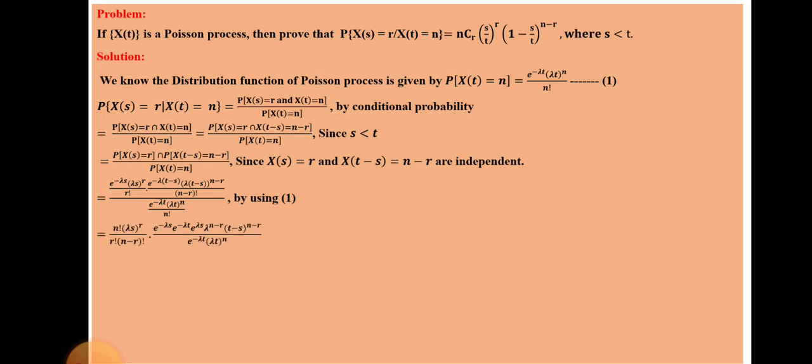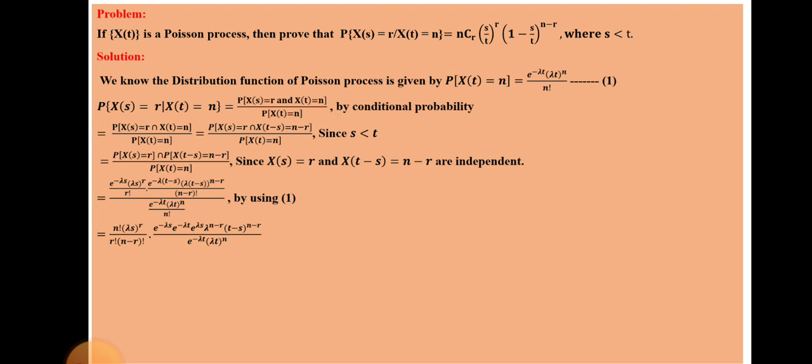Grouping this, taking the denominator in reverse, we will get n factorial divided by e^(−λt) (λt)^n. In the numerator, the denominators r factorial and (n−r) factorial will come down. Then the remaining terms, e^(−λs) (λs)^r and e^(−λ(t−s)) (λ(t−s))^(n−r).